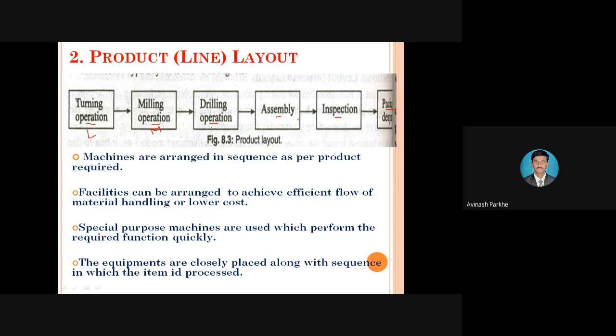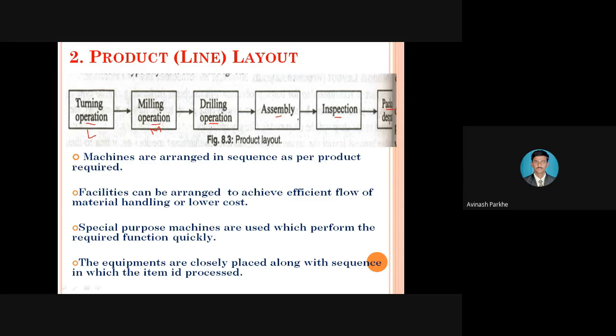Because in the process layout, we are taking all the 100 products to the lathe compartment. After lathe operations, we are taking all the 100 products to the milling compartment. So for moving those components from one location to another, some material handling equipment is required.